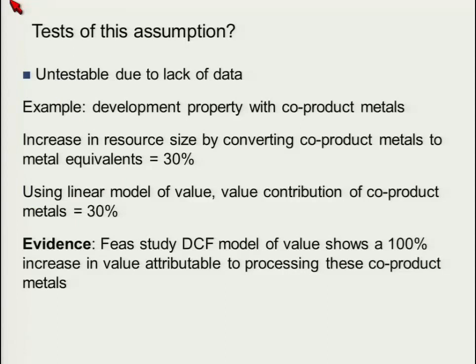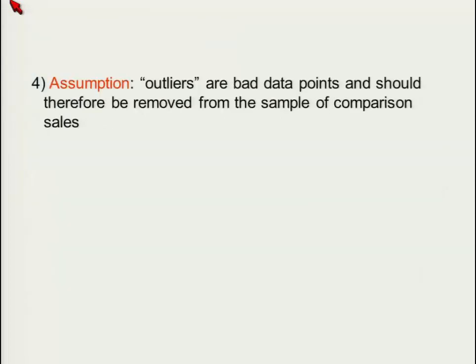Not very close. The model shows these extra metals are worth 100%. Our assumptions show the extra metals worth 30%. Now, I'm not really sure that the feasibility study DCF is a valuation model, so I'll put a caveat there. This is just preliminary, but there is some evidence that our assumptions fail on the metal equivalent analysis.